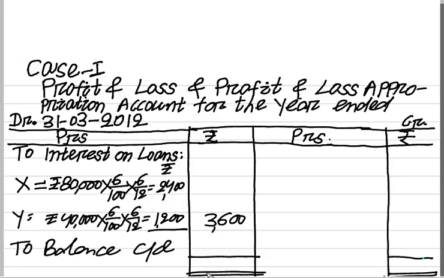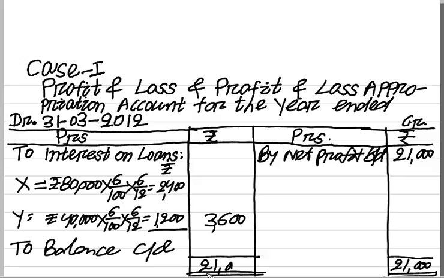And the profit for the year amounted to rupees 21,000 in case 1. By net profit brought down, that is 21,000 minus 3600, this is amounting to rupees 17,400.